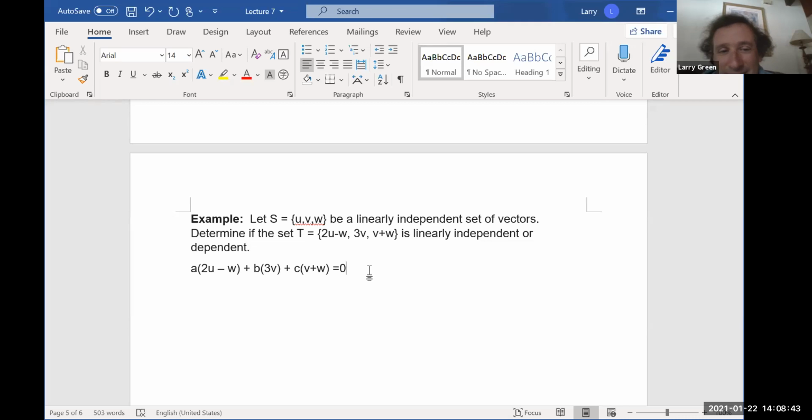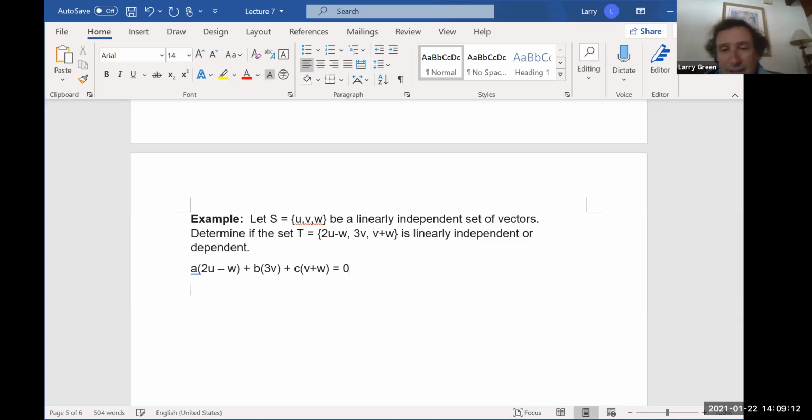It makes no difference at all. So the answer is it doesn't matter. I'm just saying some dimension, n dimensional. And by the way, if I ever write something like U, V, and W, that means they're the same dimension. It doesn't make any sense for U to be 5-dimensional and W to be 2-dimensional because you can't add them. They have to be the same dimension, but any dimension works.